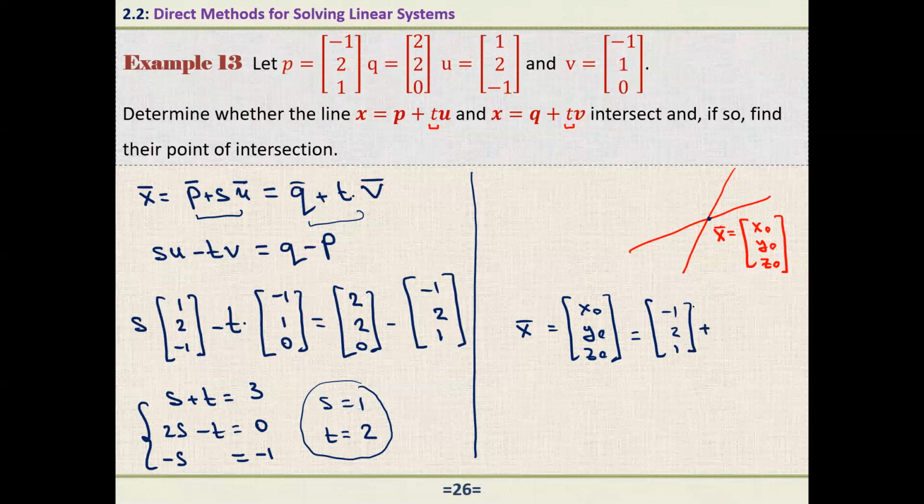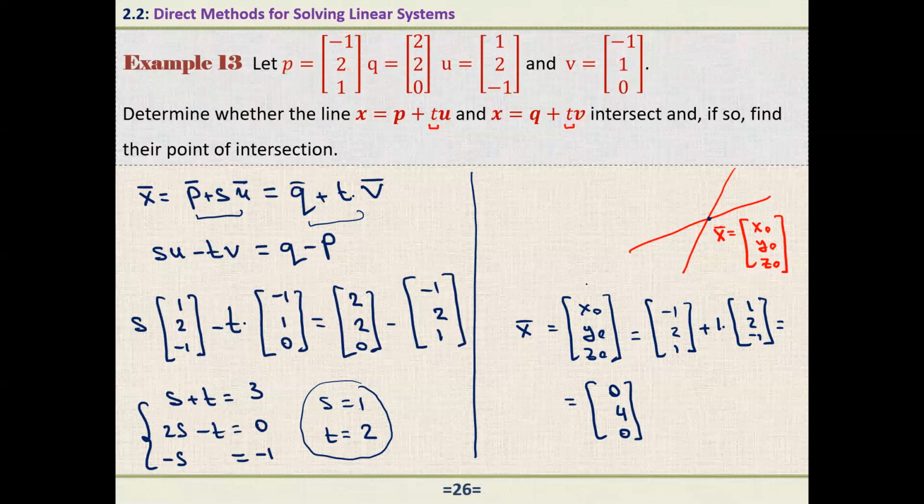What is s? S equals 1. So here we have 1 times u. What is u? (1, 2, -1). So that is equal to: negative 1 plus 1 is equal to 0, 2 plus 2 is equal to 4, 1 plus negative 1 is equal to 0.